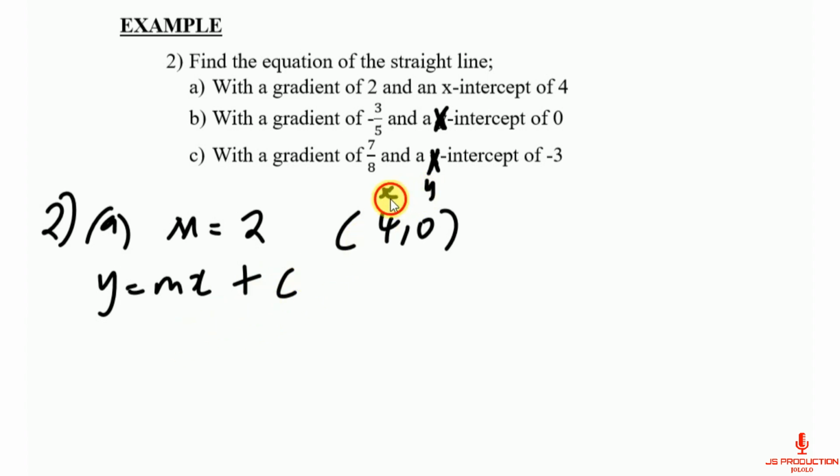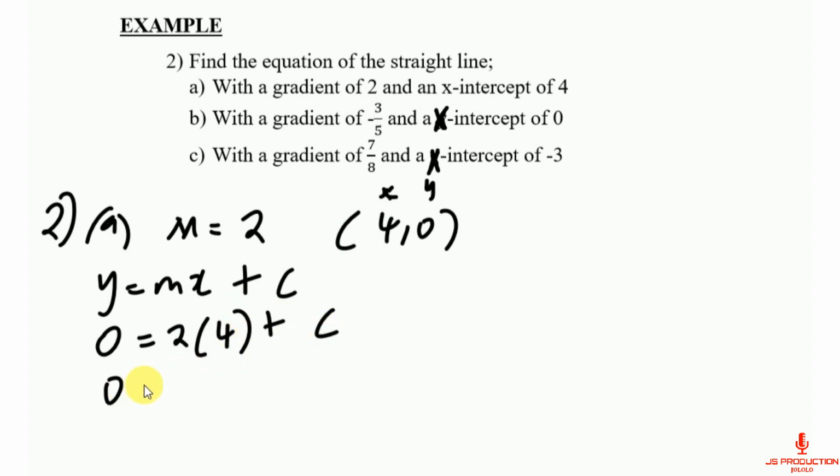Since we know our x and our y, we can replace that in the formula. y is 0, so 0 is equal to m, that's 2, open bracket, x, that's 4, plus c.